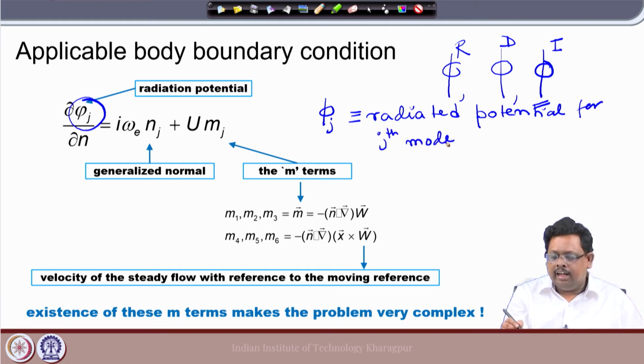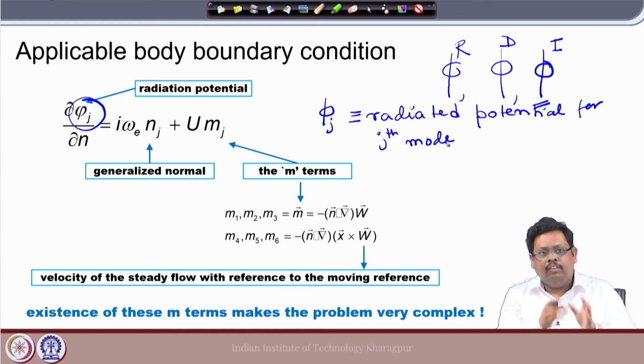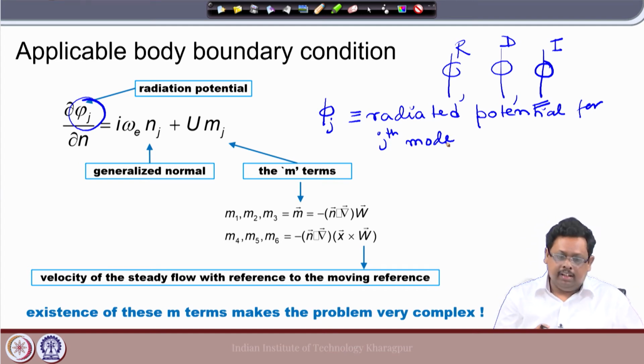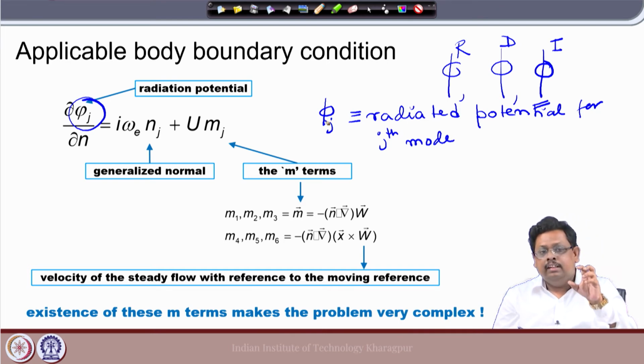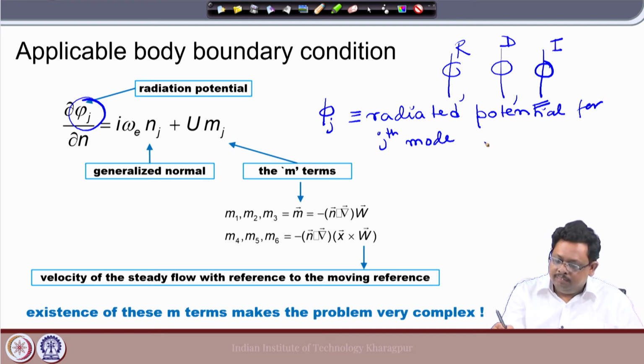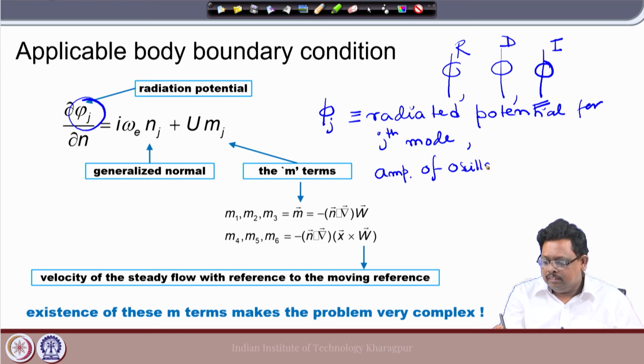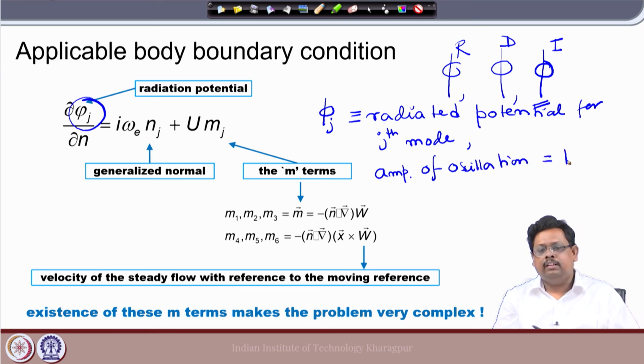So it means that I am oscillating the body in the jth mode. And if you remember, what is the amplitude of the oscillation? The amplitude of oscillation is nothing but unit amplitude, 1.